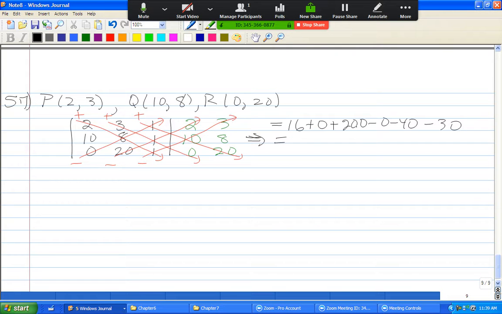And so this is equal to 16 plus 130, 146.